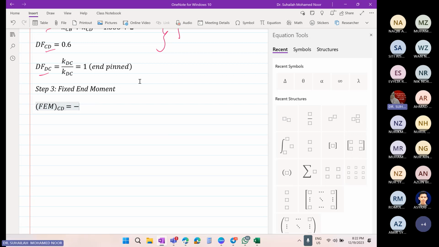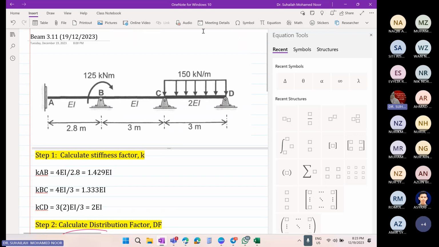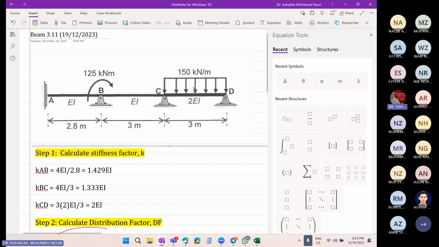I have explained in class and in the previous video that for FEM due to loading, one is negative and one is positive, because of the behavior, and we compare with the sign convention. It is negative WL squared over 12. W is 150, L is 3, over 12. So it is 112.5.